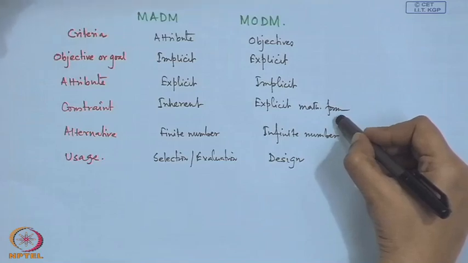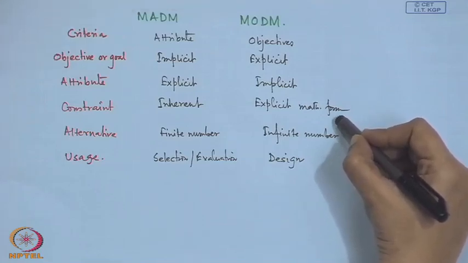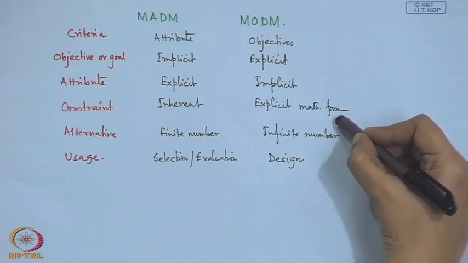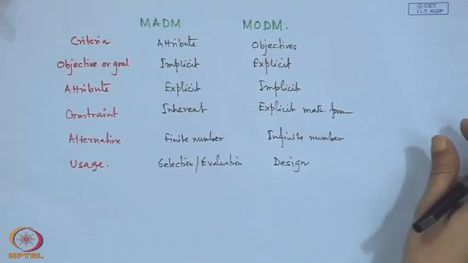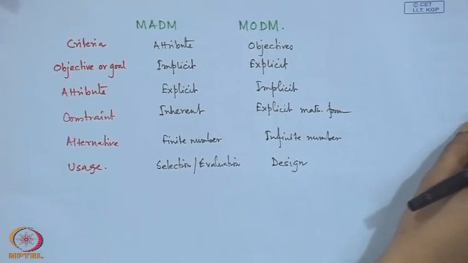Now, in multi-objective, the constraints may be linear or non-linear, having a specific mathematical form. That is why it can be said that in MODM the constraints are explicit, whereas in multi-attribute, whenever we take a decision, there is always a restriction.